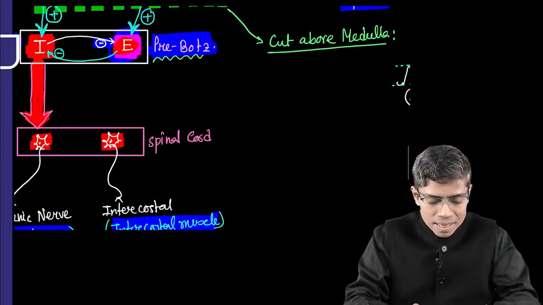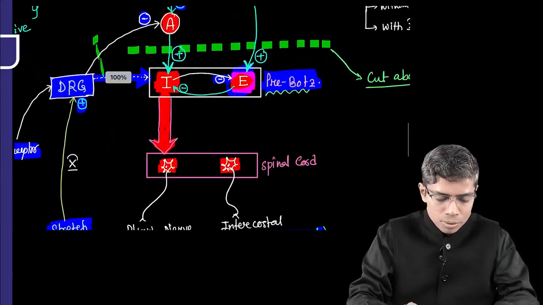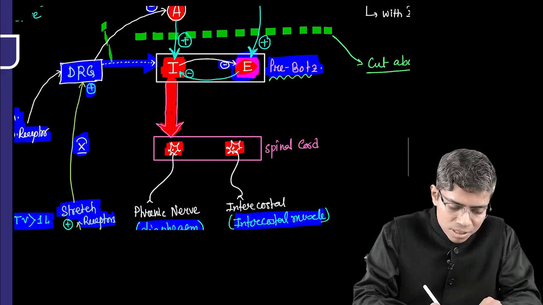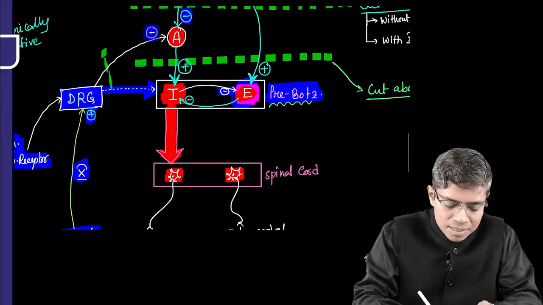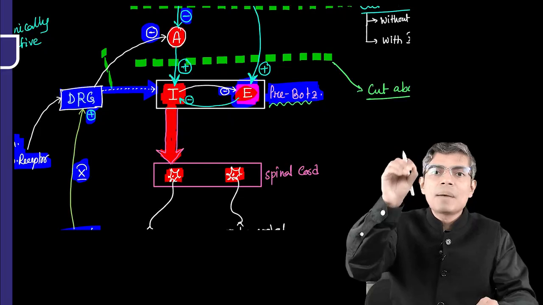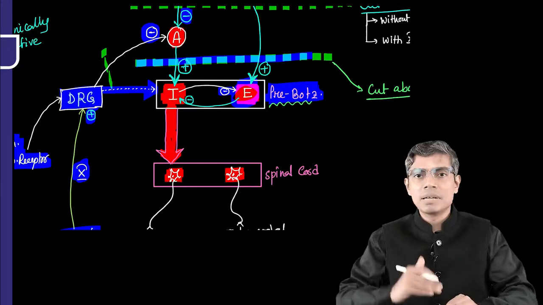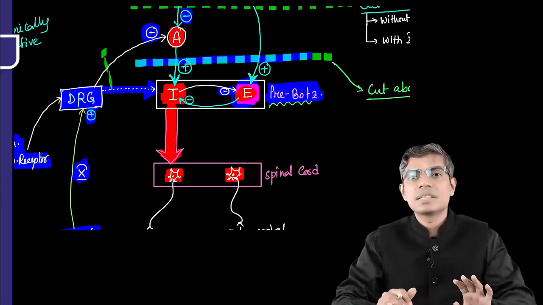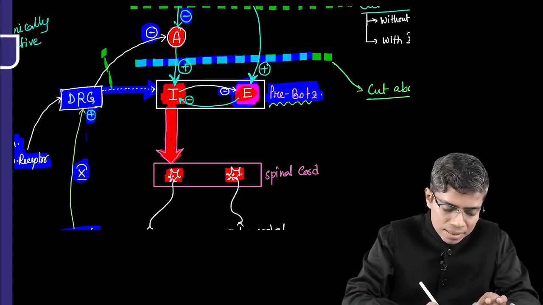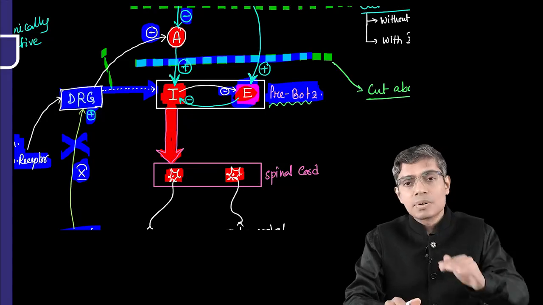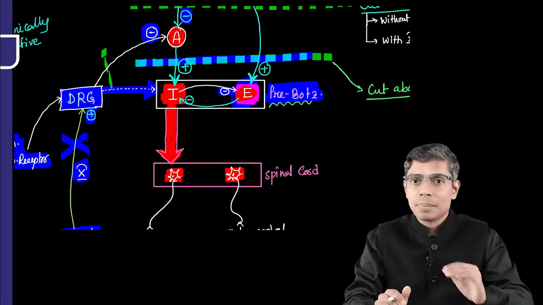Look at where the vagus is giving its input. I told you, if you stimulate the vagus, it goes through the DRG and ultimately gives its effect at the level of the apneustic center. So if you give a cut above the medulla, the apneustic center is already lost. So cutting the vagus will not have any additional effect if your cut is above the medulla.